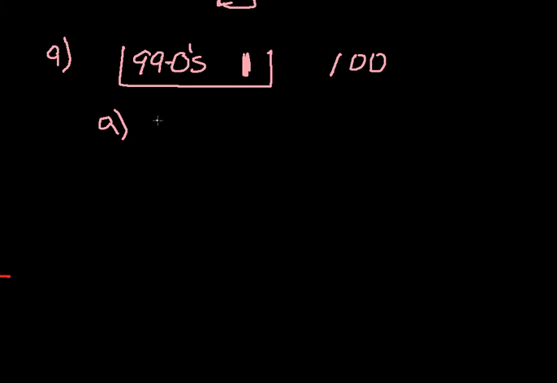Well, if you take the average, if you add up 99 zeros and one 1, the sum of those is going to be 1, divided by 100 numbers. The average is going to be 0.01.